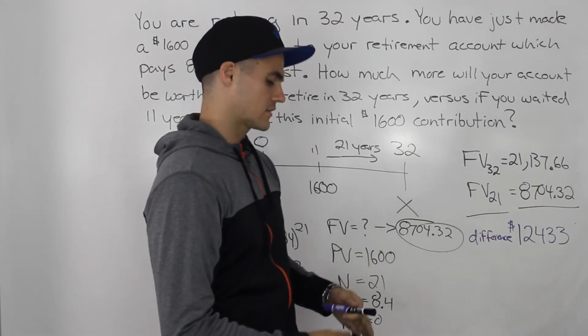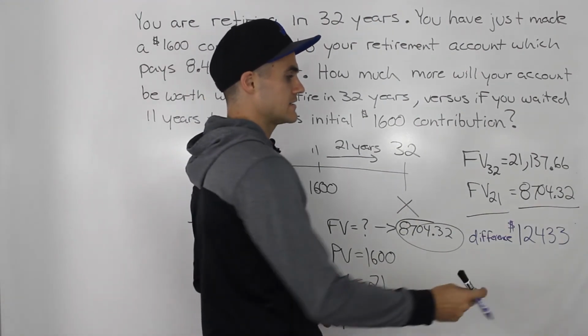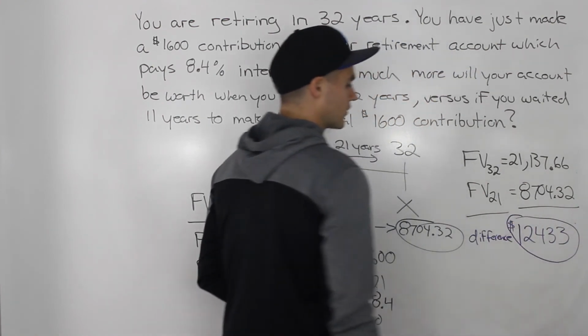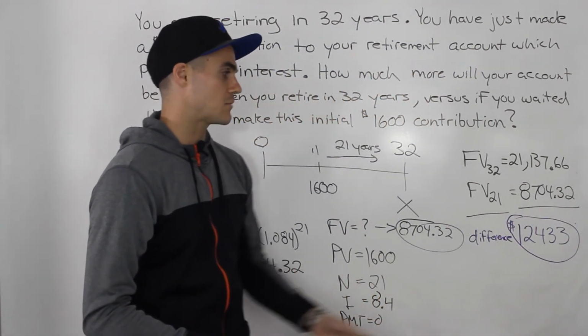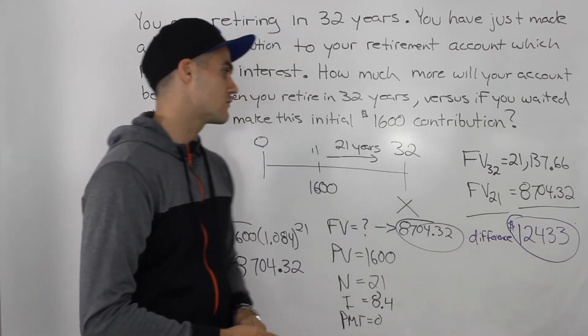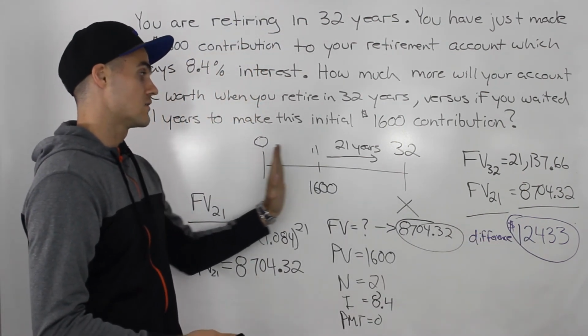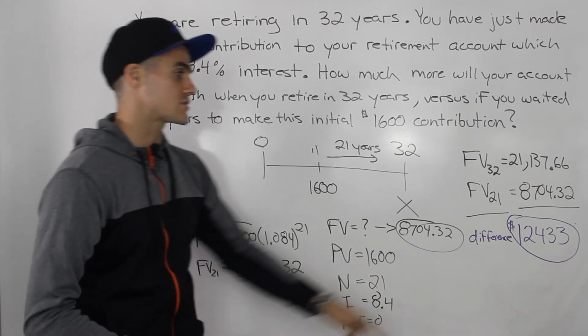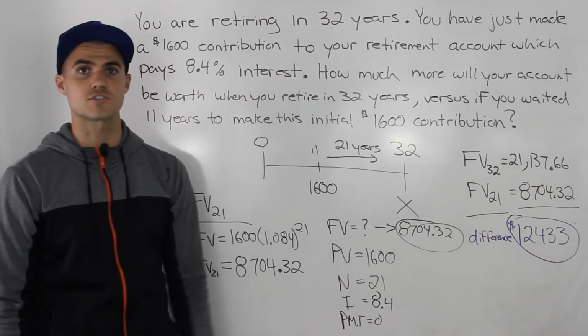When you subtract them, you end up getting a difference of $12,433. So that's how much more you would have in your account if you invested today versus if you invest the $1,600 in 11 years. So 12,433. That's your final answer.